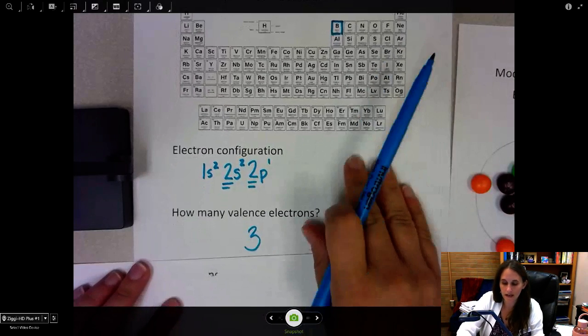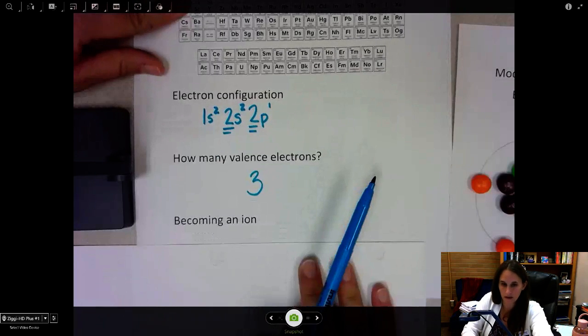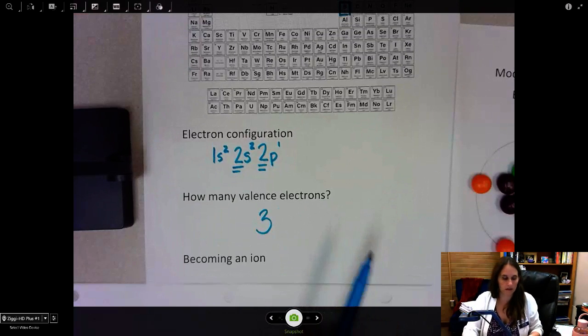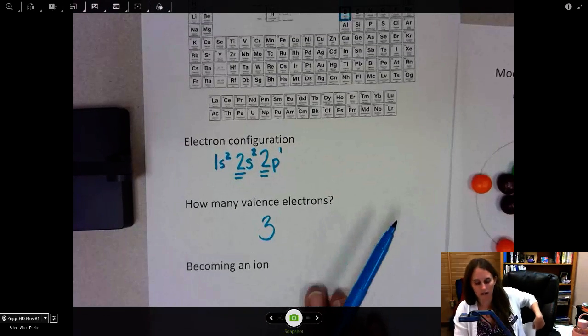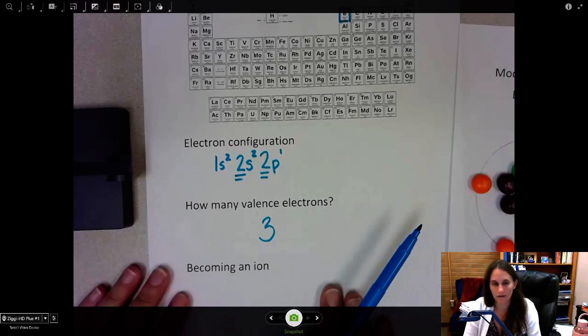So how then can boron become stable? It can do it by becoming an ion, by gaining or losing enough valence electrons to have a full valence shell.